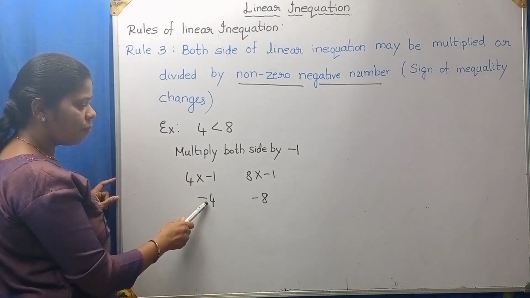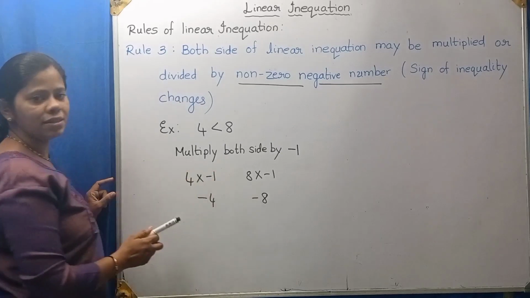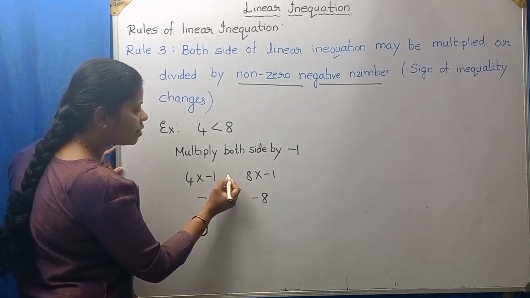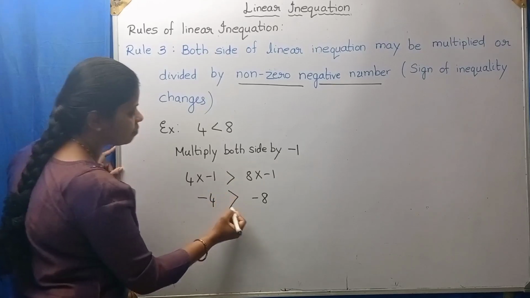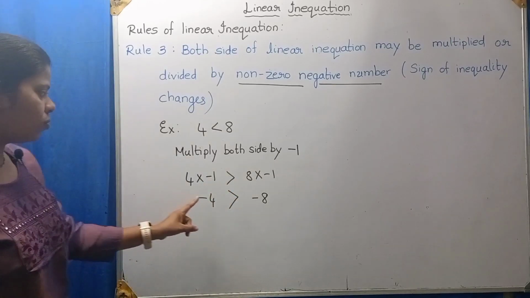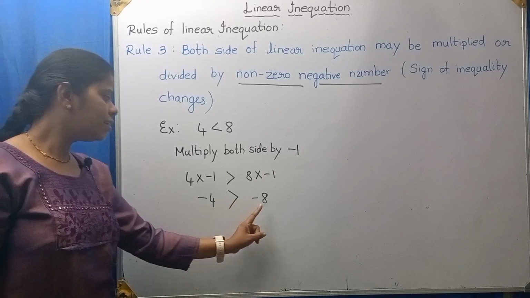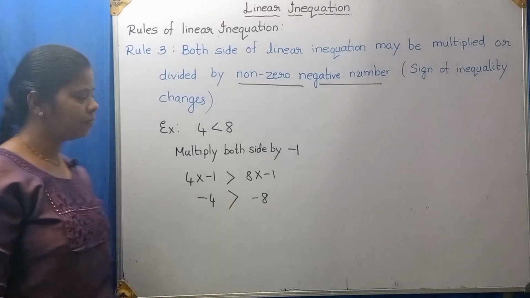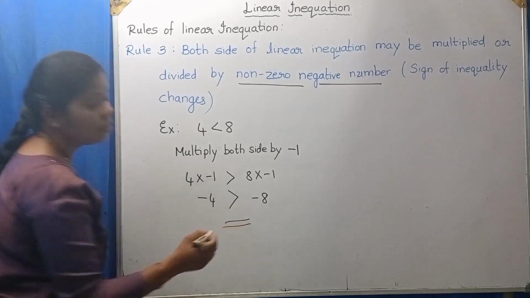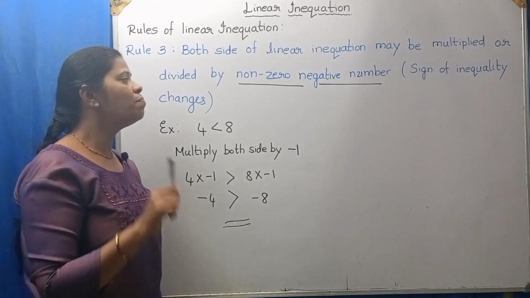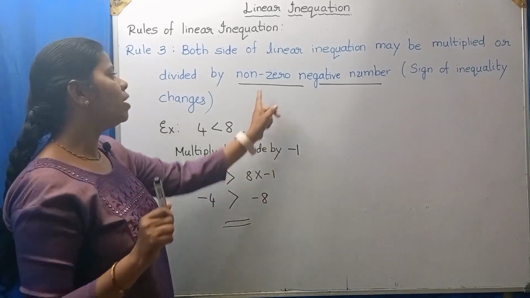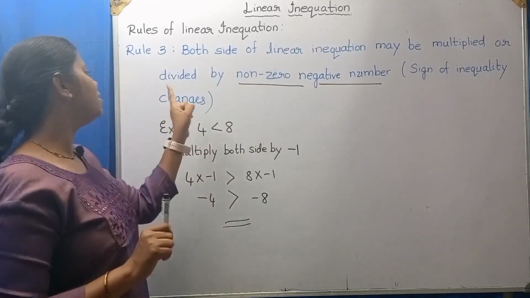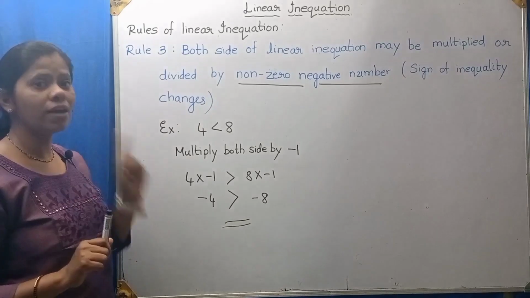But with -4 and -8, when you do this, the inequality sign changes. We know that -4 is greater than -8, right? Therefore, remember this. When we multiply or divide by a non-zero negative number, the sign of inequality changes. Okay, this is very important.